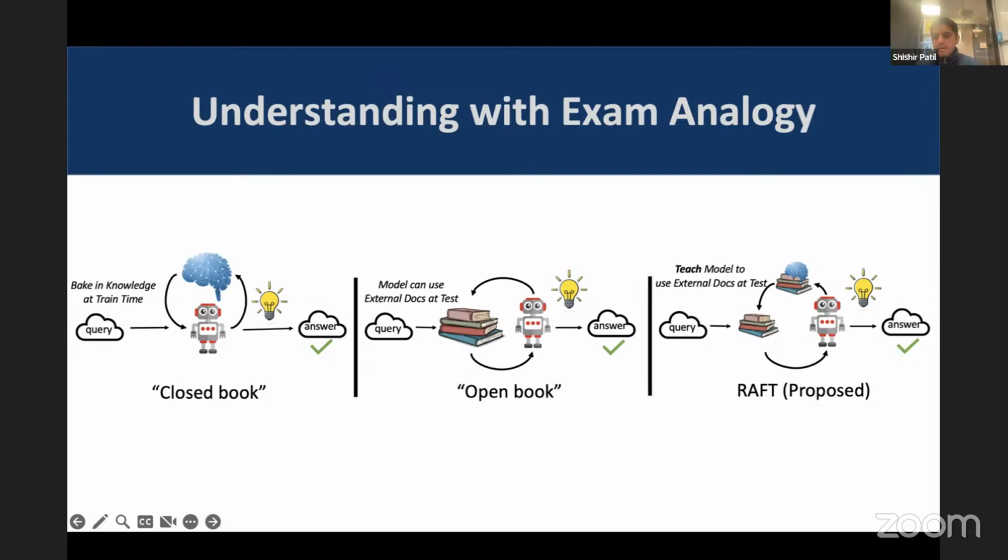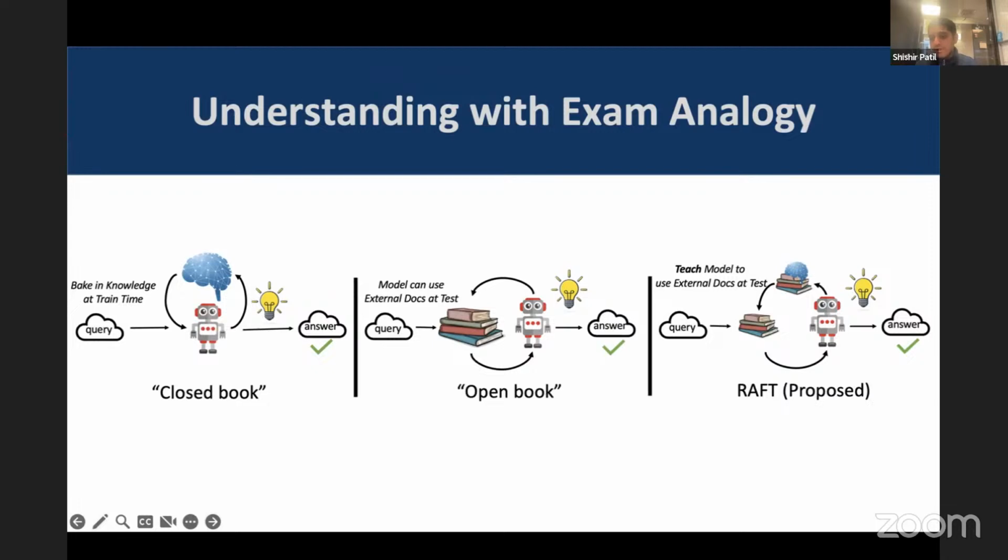So RAFT is a solution to this particular problem, which is, can we lightly study for the exam? And by lightly study, I mean, can you prepare for the exam by, for example, indexing the different chapters of the textbook? So when you go to an open book exam and you're given a bunch of textbooks, you have read the textbook once, so that you don't remember what things are, but you know exactly where they are.